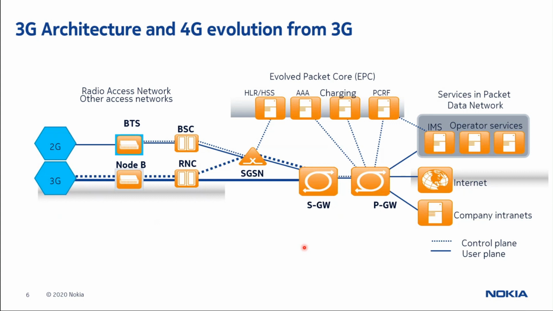Then why are we talking about a network which is able to cater only to the packet data service? The answer to that question lies in the fact that when the LTE network initially got developed, the basic requirement to develop the 4G network was to provide improved data throughput.